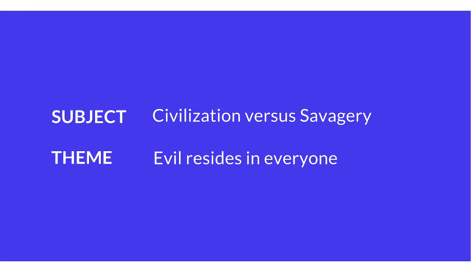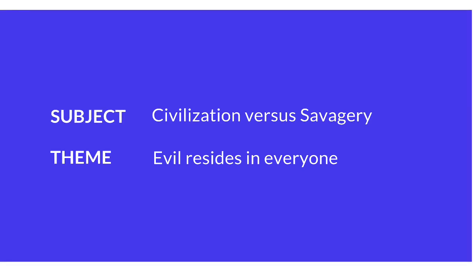And so for Lord of the Flies, the subject of the book is civilization versus savagery. Oftentimes when we talk about a book's subject, we talk about these two opposite concepts. So civilization, that's how they start the book. They have uniforms, they're well-mannered, they're like these little British boys that have landed on this island. And so they're prim and proper amidst this tropical island.